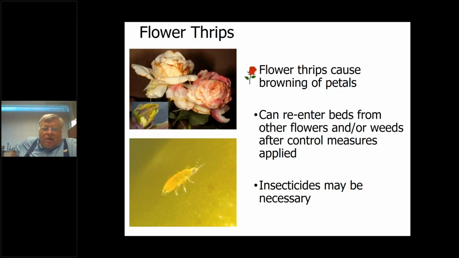Flower thrips, I have a hard time with these too. Flower thrips often cause browning of petals. We can apply control measures, but here's a problem. Our rose petals have very poorly developed vascular systems, and it's very hard for systemics to get into our petals.